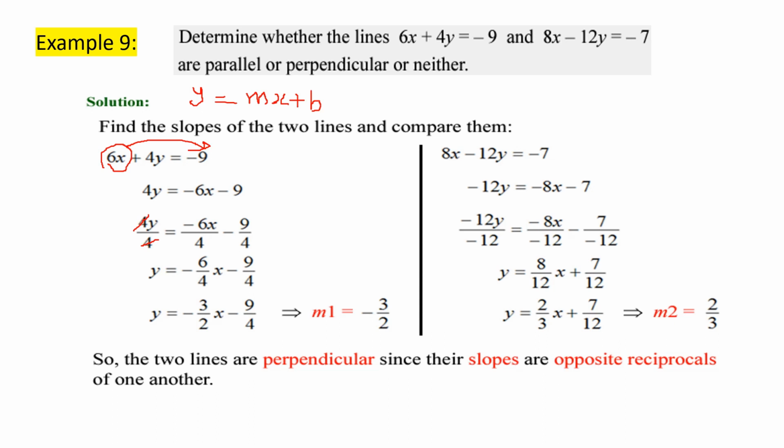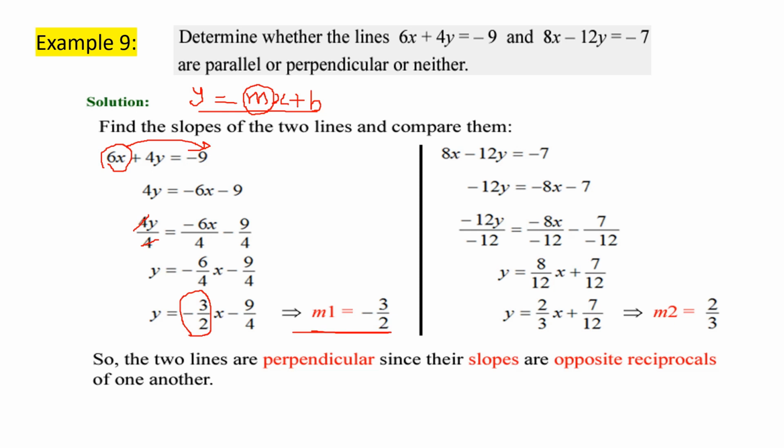Simplify this to a simple fraction: it becomes minus 3 over 2x minus 9 over 4. Now if you compare with the general form of slope intercept, what is in the place of m? Here we have minus 3 over 2. So for the first line, m1 equal to minus 3 over 2.